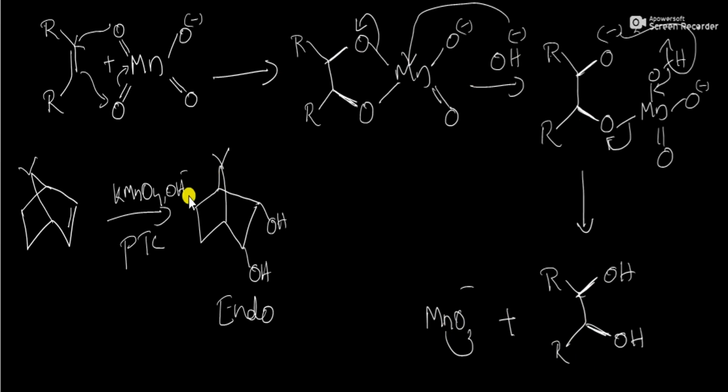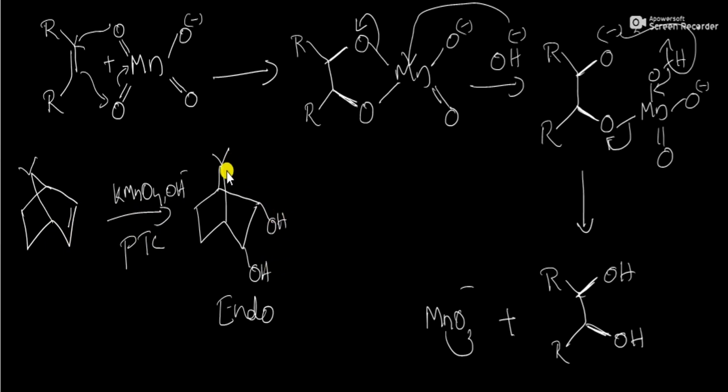And KMnO4 oxidation occurs at a sterically free phase. For example, this is an olefin. In the presence of KMnO4 base PTC, that is phase transfer catalyst, it will convert into 1,2-diol, and it will be in the endo position.